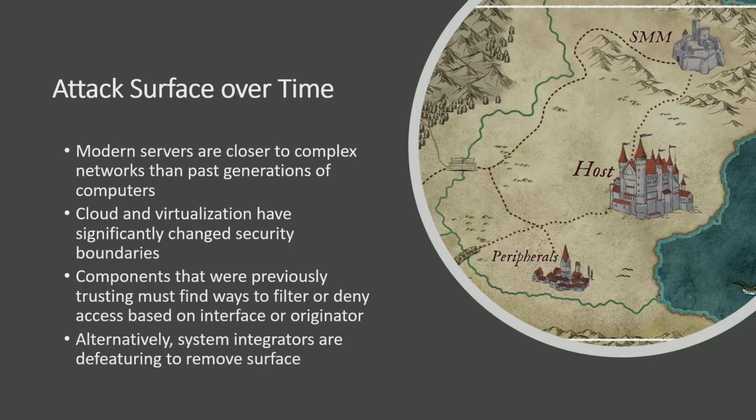And as we said when we talked a little bit about the host, cloud and virtualization change these things in ways that the designers of them probably didn't anticipate. And because of that, our attack surface has changed. And we're having to backport, like I said, these filters, these ways of ensuring that components are correctly isolated.